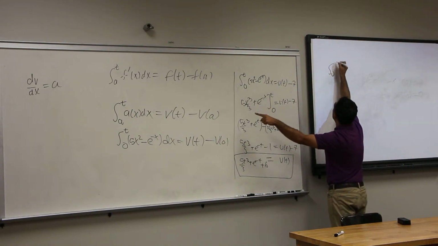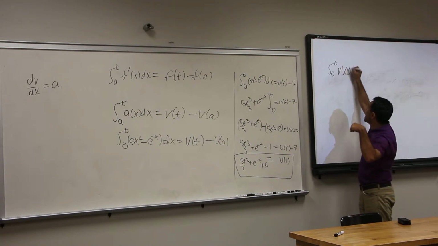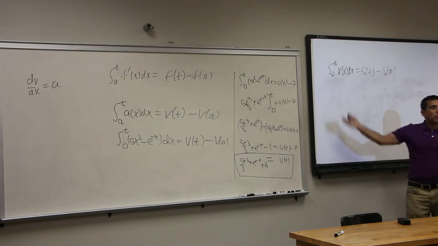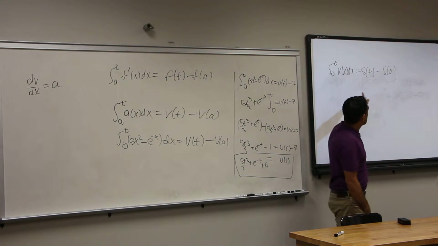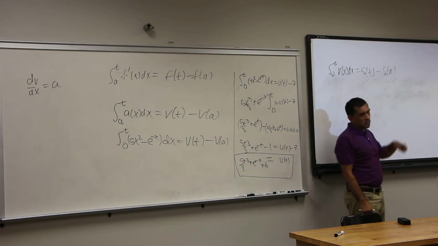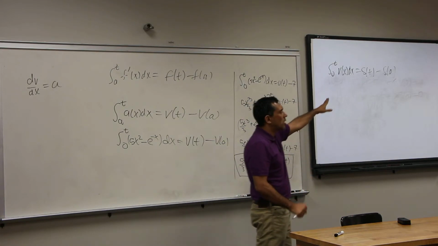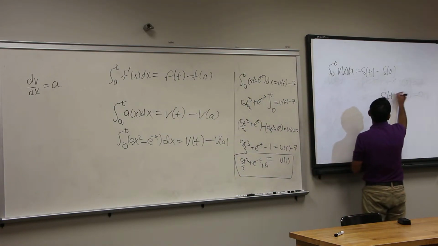Come in here, 0 to t, the integral of the velocity is the position at t minus the position at 0. So I will just need to integrate this, find out what it is when I put t and 0 in there, and I will have my position up to a constant. Now this is 0, so I'm sorry. Well, we have it exactly.